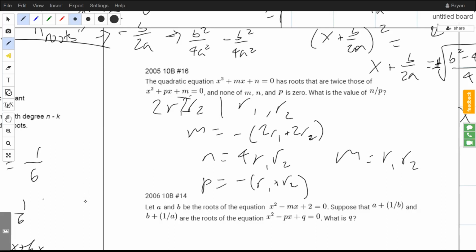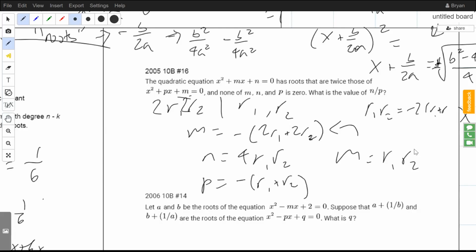So how are we going to go about doing this? Well, we have a relation right here. We have m equals R1, R2, and m equals negative 2 times R1 plus R2. So obviously we can just set them equal to each other.